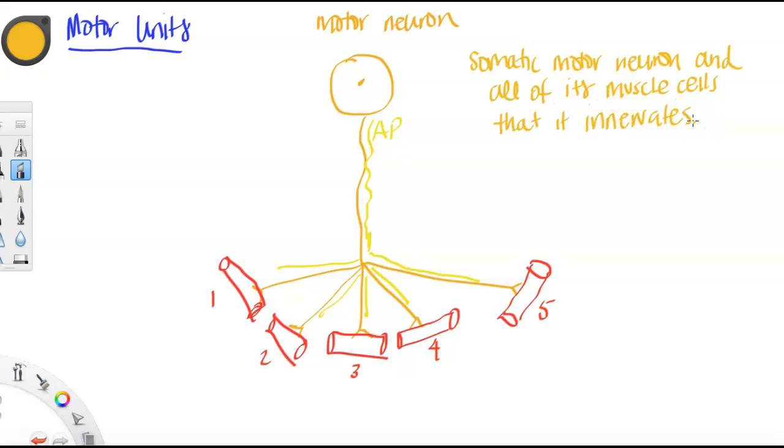So every time this motor neuron sends an action potential, all 5 of those muscle cells are going to be affected. They're going to contract.